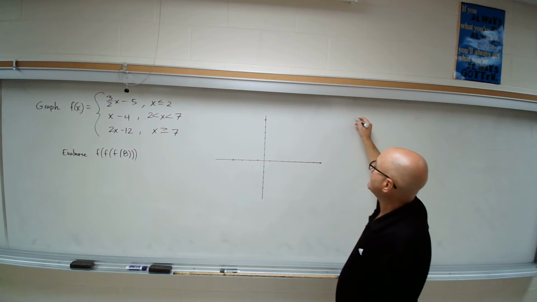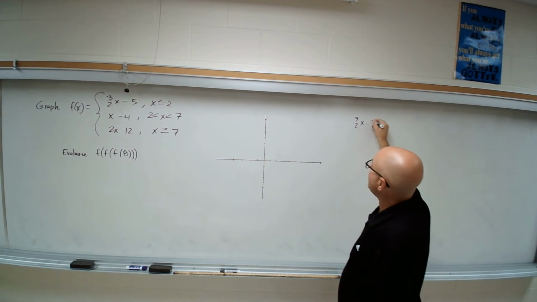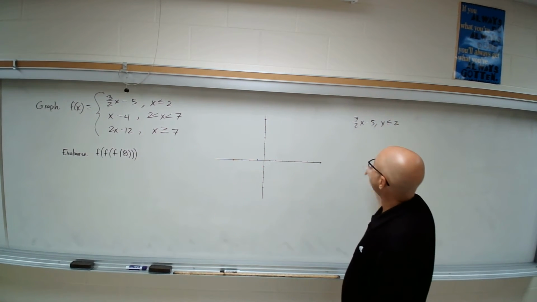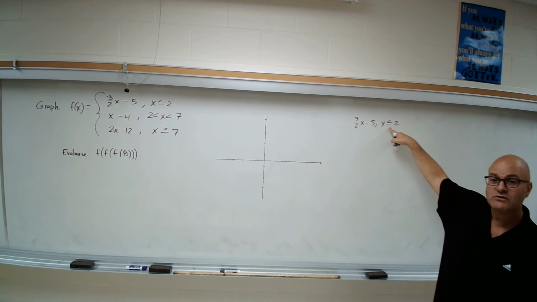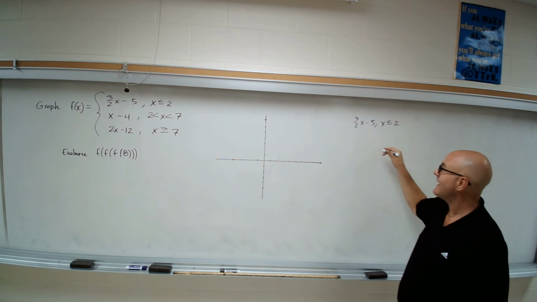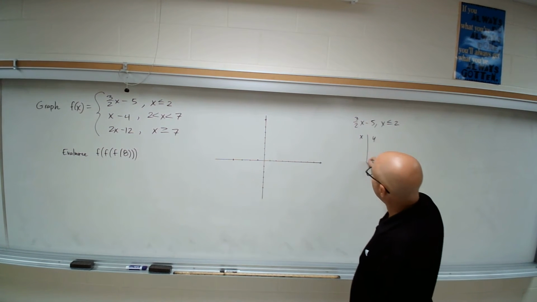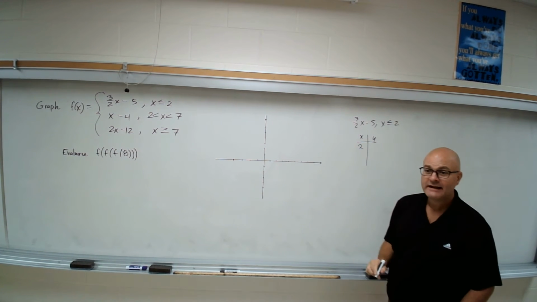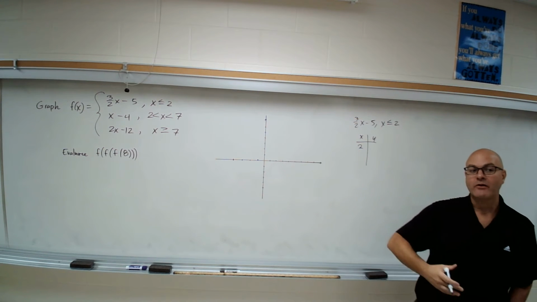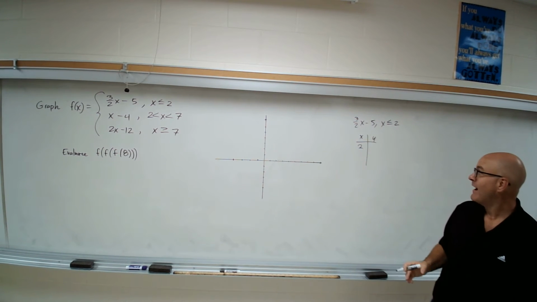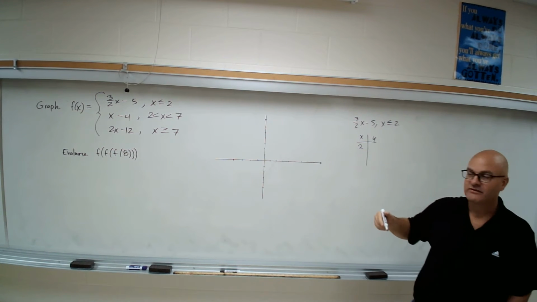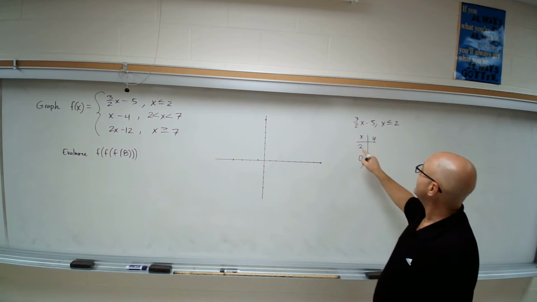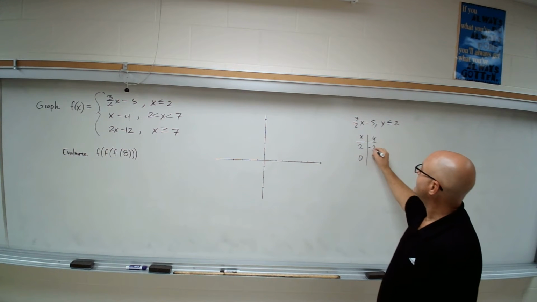So if we think about 3/2 x minus 5, x is less than or equal to 2. That tells us we have a closed circle at 2, correct? So for this table, I have to include 2. It's a line. I just need one other number less than 2. I'm not going to pick 1 though, because I have to do a fraction. So I'm going to pick 0 because it's just easier. If we put 2 in here, we get -2 for y.